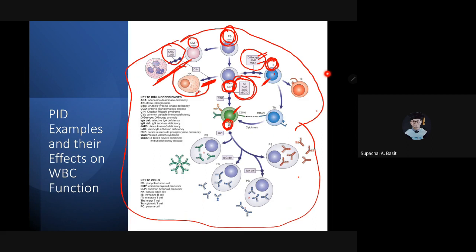Now, if somewhere along the way you have problems with immature B cell maturation, particularly maturation into PS, which stands for pluripotential stem cell, then you can have CVI.